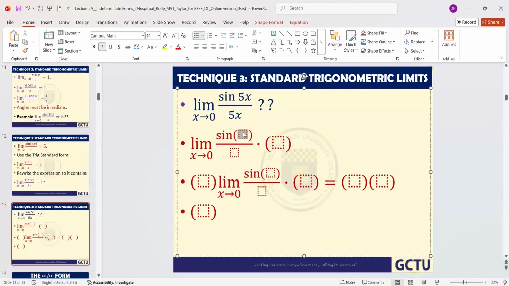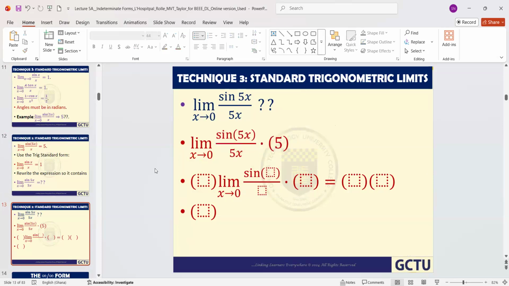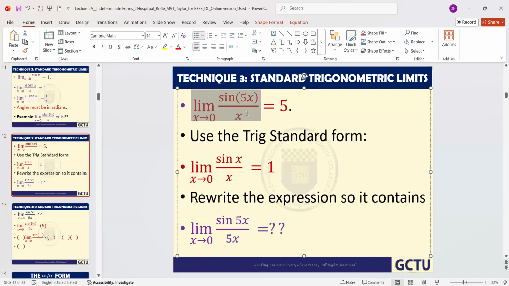We want to have 5x here, and I also want to have 5x here. The only way I can have 5 in the denominator is to multiply the numerator by 5. I hope you agree. Because if I multiply the denominator by 5, this 5 will cancel this 5, and it goes back to the question itself.